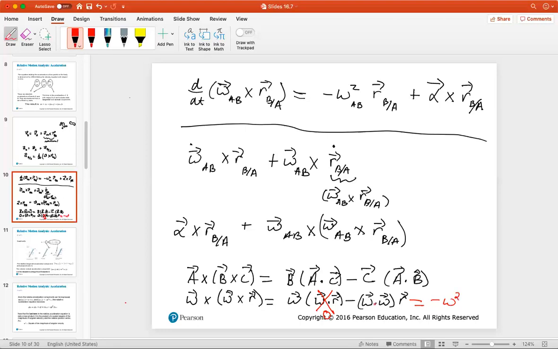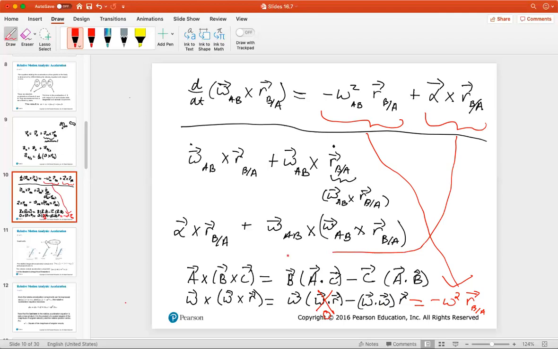When we write omega squared, remember omega just has one non-zero component, the z component, so we're just squaring it, times r vector b relative to a. So this term is here, and this term, sorry, is up here. So that's where it comes from.